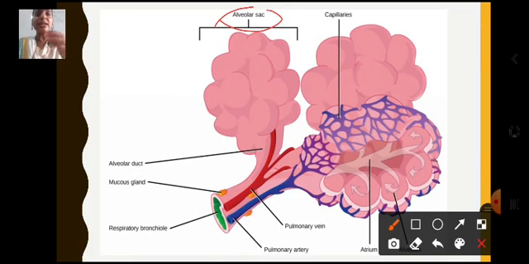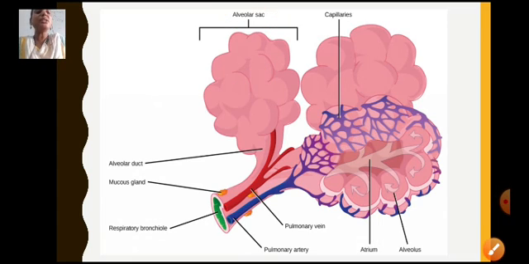From the trachea, the air will come to the bronchi, then to the bronchioles, and finally it will be collected inside these alveolar sacs. The alveolar sacs are supplied with numerous capillaries, which help in the exchange of gases.